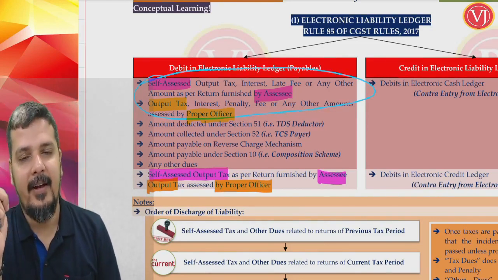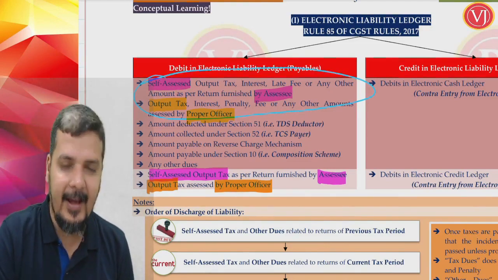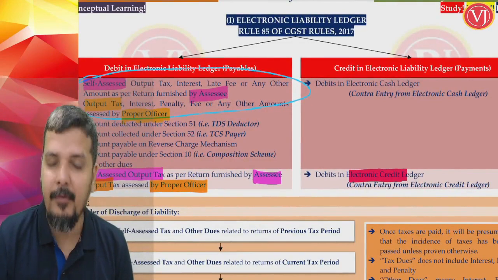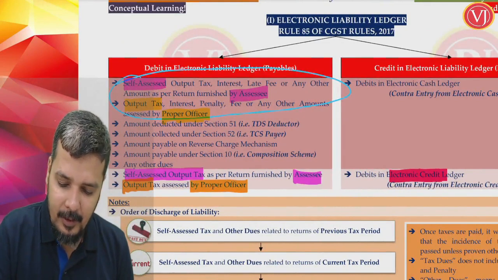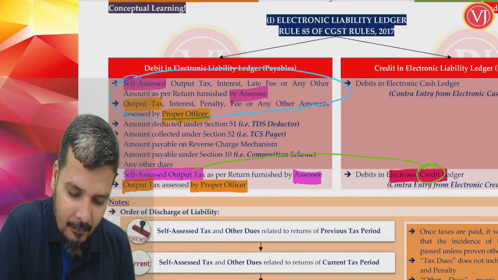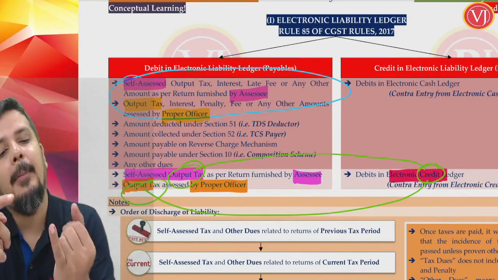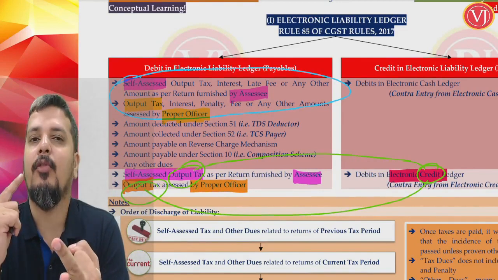Right, now understand that the credit ledger that I have can be used only for payment of output tax. Credit ledger can be used only and only for payment of output tax. It cannot be used for payment of interest. It cannot be used for payment of penalty. It cannot be used for payment of fees.